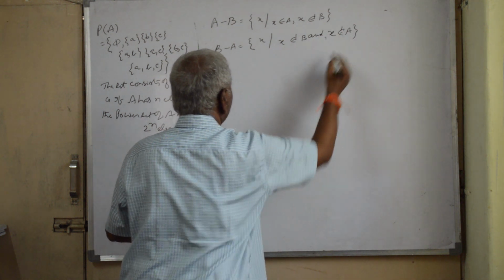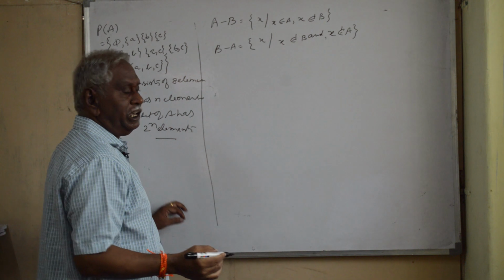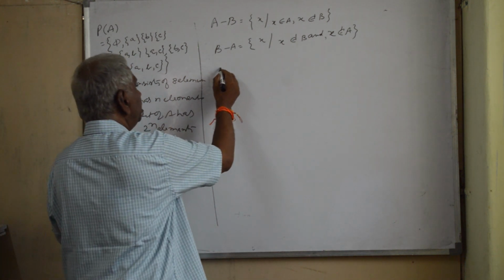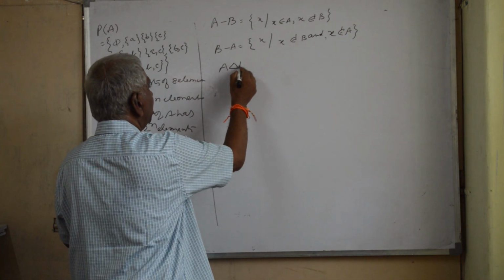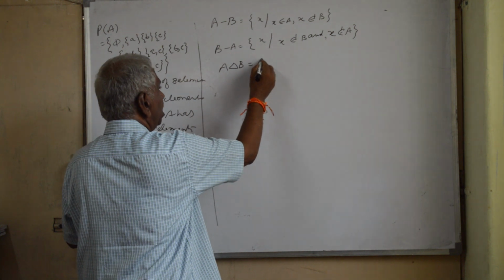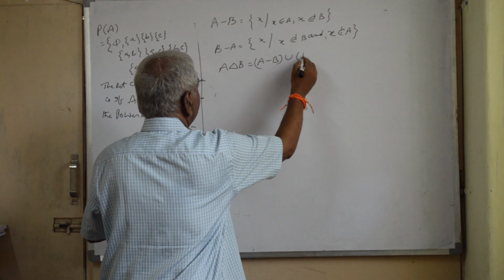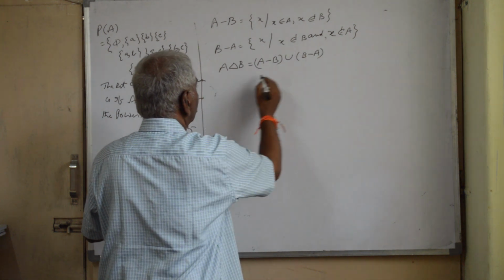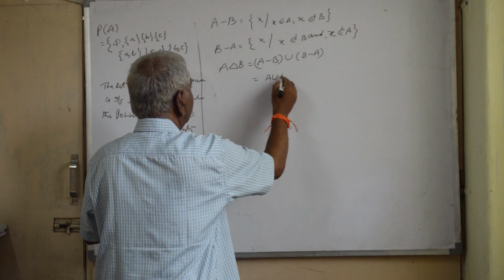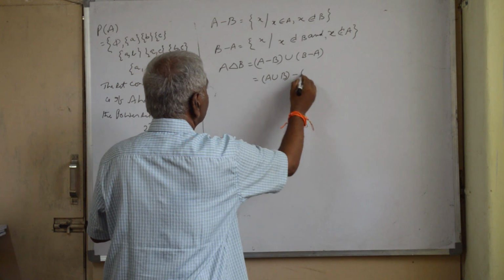That is, the elements which are in B but not in A. There is another one called A delta B. It is equal to (A minus B) union (B minus A). And also we can say (A union B) minus (A intersection B).